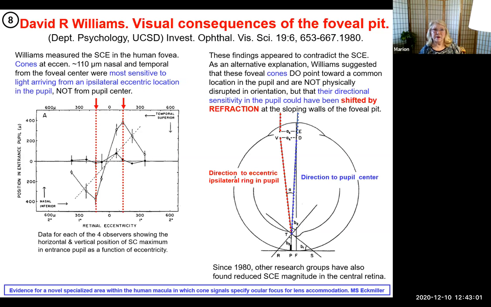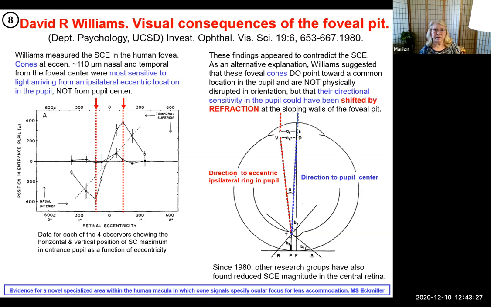He measured the Stiles-Crawford effect in the human fovea and found, as shown on the left, that as a function of eccentricity, if the cones all pointed like they're supposed to, based on the Stiles-Crawford effect, to the center of the pupil, their magnitude of the Stiles-Crawford effect would be this oblique line.